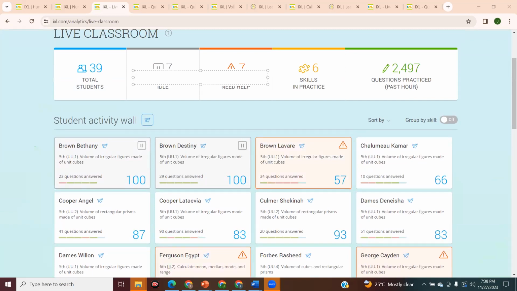All right. The mean is the average. You have to add all the numbers together and divide it by the total number of data points. That's the mean. The median is the middle number once you arrange the numbers in ascending order.